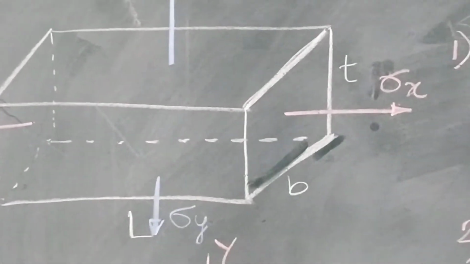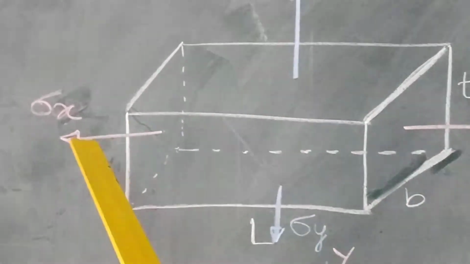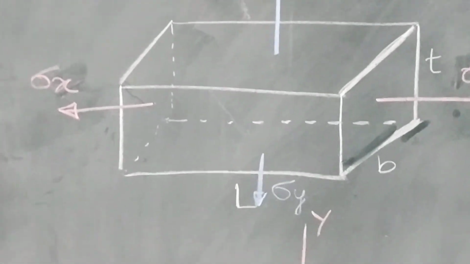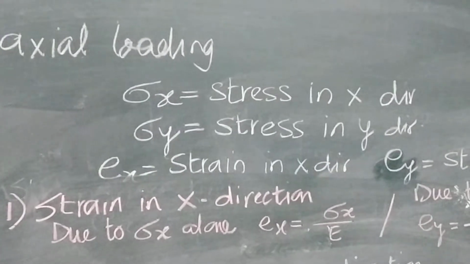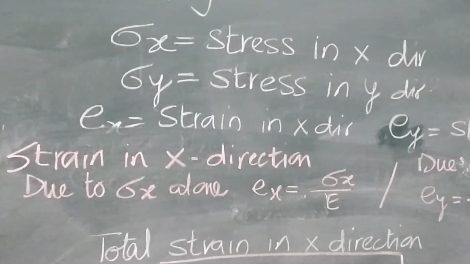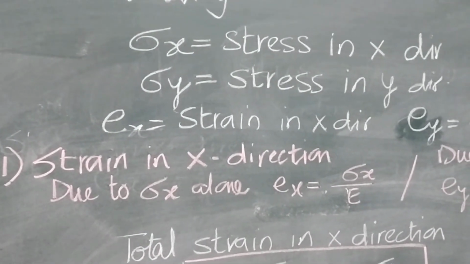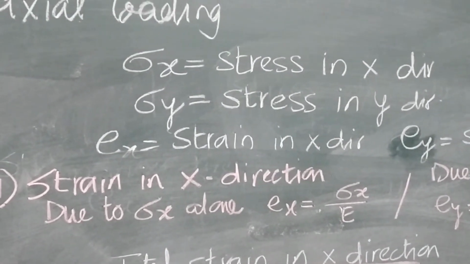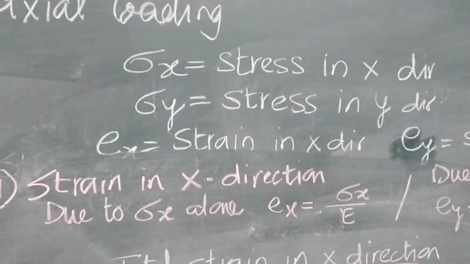So in x direction it is creating a stress sigma x, and in y direction it is creating sigma y. So let us write down sigma x is stress in x direction and sigma y is stress in y direction.